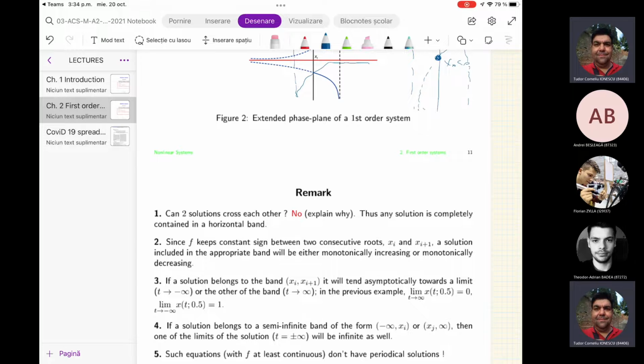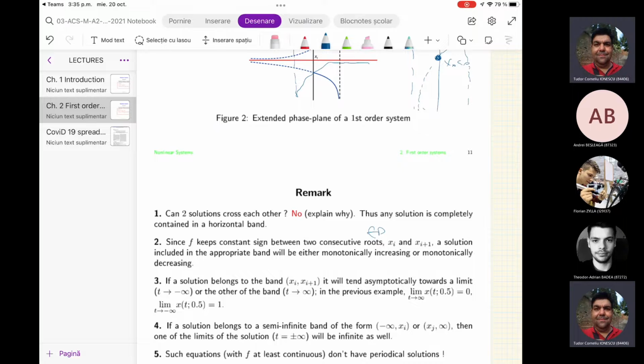Hence, any solution is itself contained in one specific horizontal band. Since f keeps constant sign between two consecutive equilibrium points, a solution included in the appropriate band will be either monotonically increasing or monotonically decreasing.